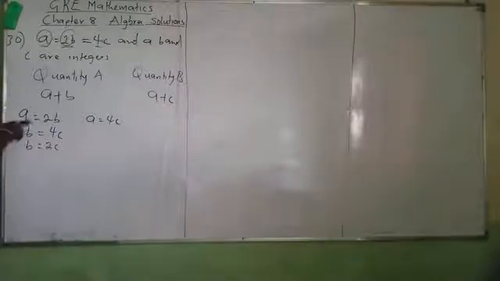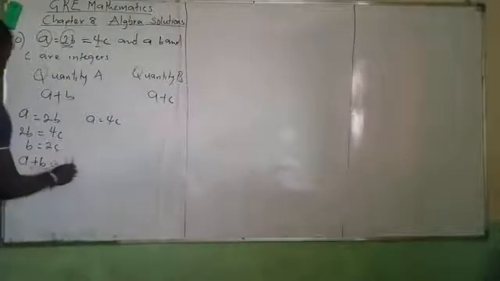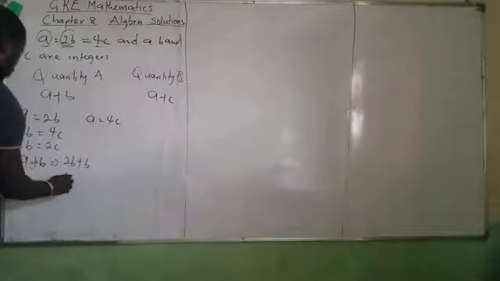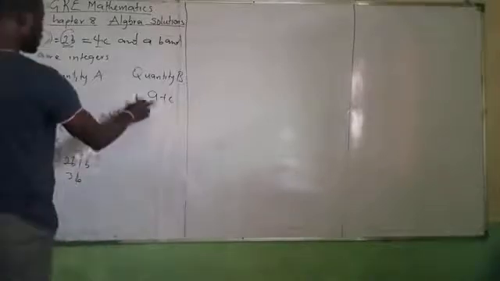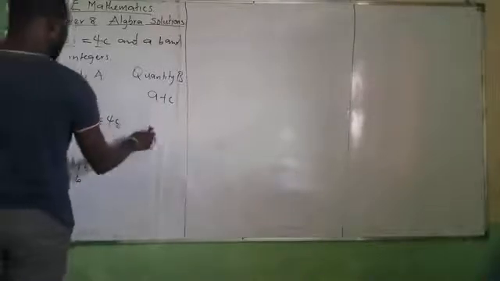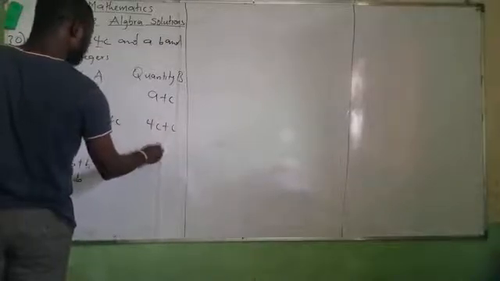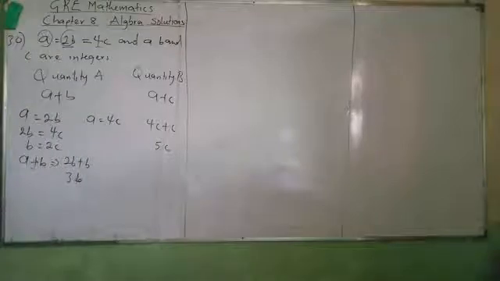I know that A equals 2B. I can now say that A plus B implies 2B plus B, which is equal to 3B. Now for the other one, A equals 4C, plus C, which gives 5C. Now, what is my B?